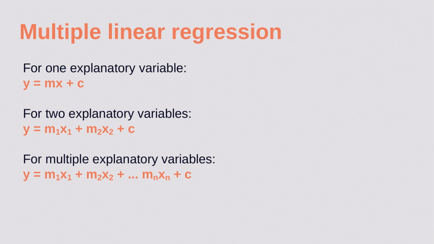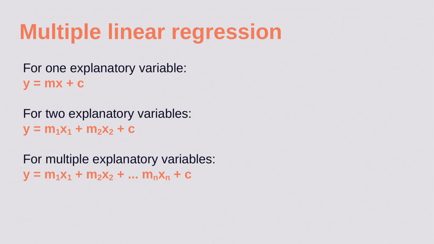When we have two explanatory variables, say x1 and x2, the equation for the linear model changes to y equals m1 times x1 plus m2 times x2 plus c, where m1 and m2 are coefficients for each explanatory variable and c is the intercept. When we add more features, this becomes what's called multiple linear regression. In this case, we need a separate coefficient for each explanatory variable plus an intercept c.